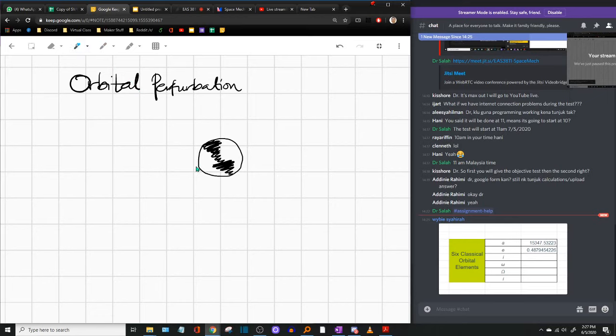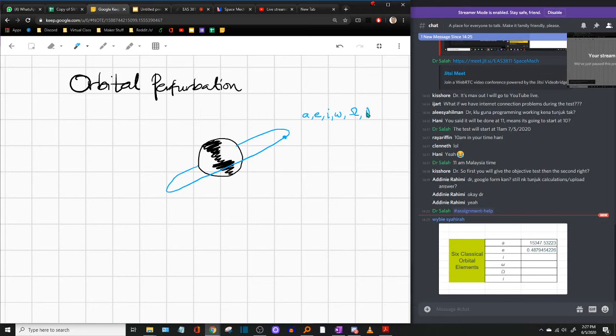That means if we have an orbit that is shaped and sized like this, it has its own A, E, I, small omega, big omega, and let's say there's a spacecraft on an orbit.